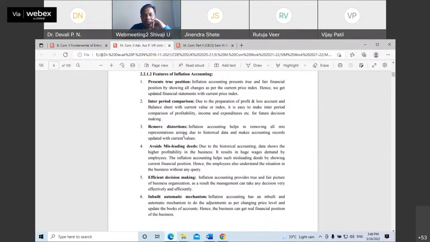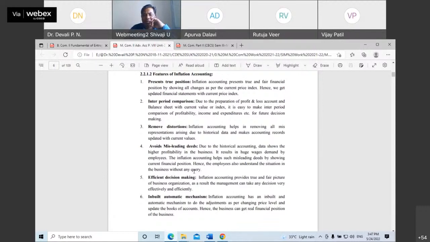As usual, we have taken the objective of removing distortion, and we never focus again on this particular part. Next is avoiding misleading data. Due to historical accounting, the data we show indicates higher profitability in business. On the other hand, employees are demanding huge wages and salaries.